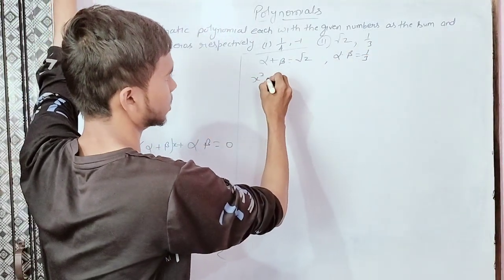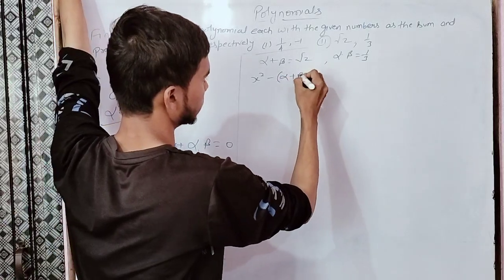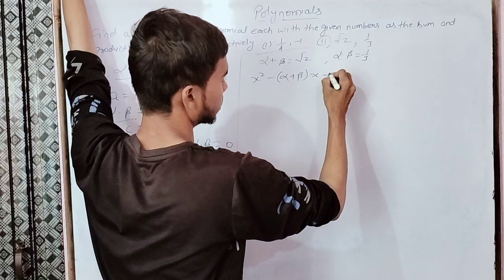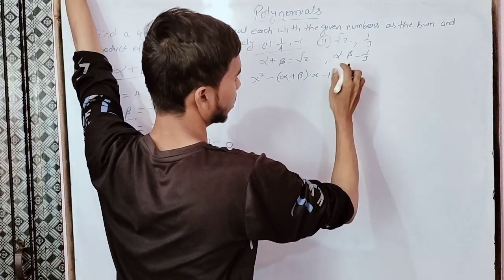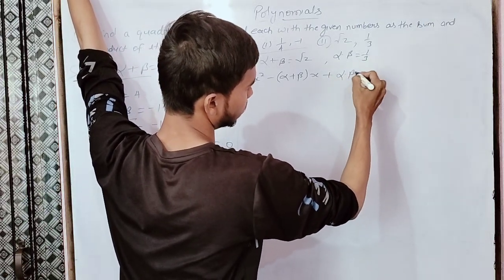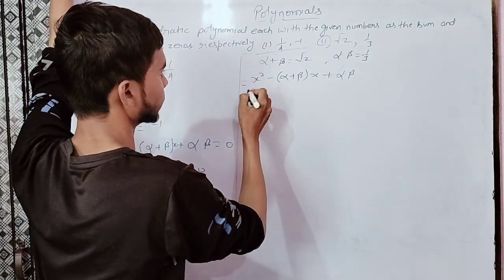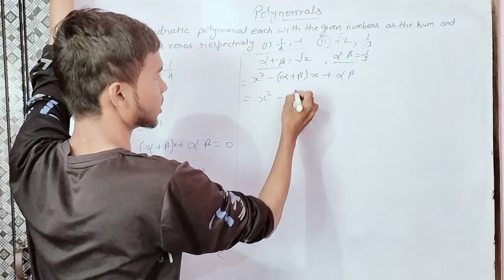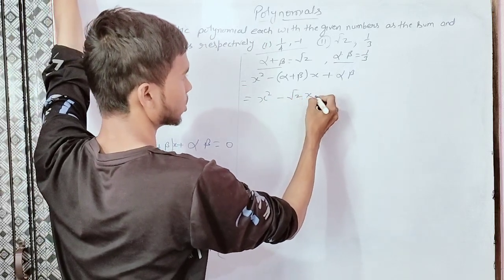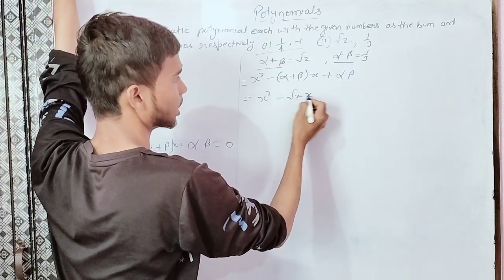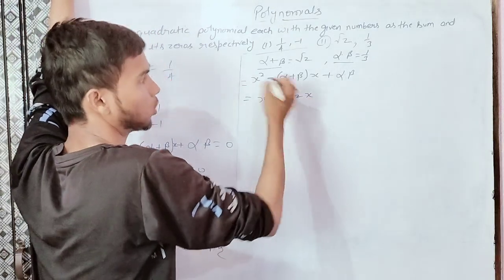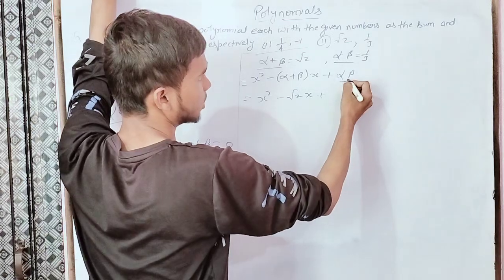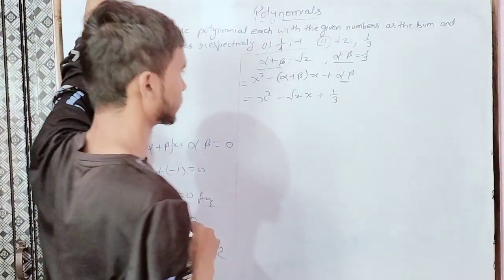As we know, x square minus alpha plus beta with x variable plus product of 2 zeros. So here we will substitute the value of this x square minus root 2. So this root x is not under root, 2 is under root. So here value of this is 1 upon 3.